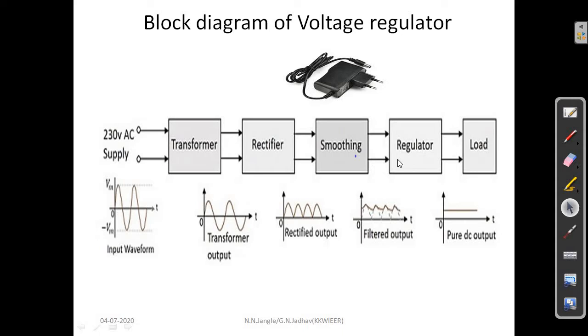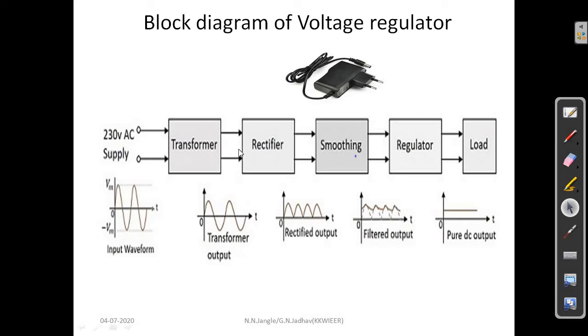Let us briefly outline the function of each block of the DC power supply. The transformer is used to step up or step down the supply voltage as per the need of solid state electronic devices and circuits to be supplied by the DC power supply. It can provide isolation from the supply line, an important safety consideration.